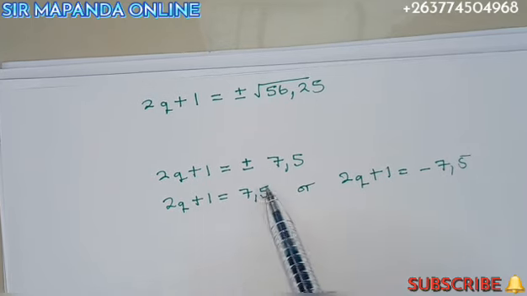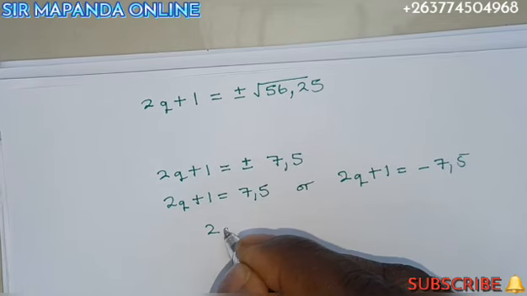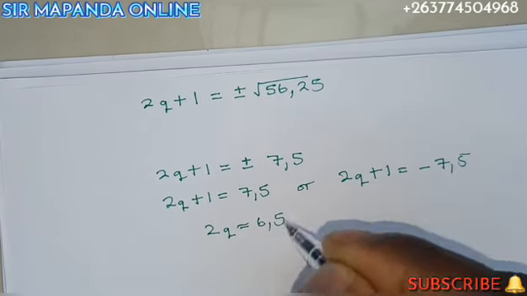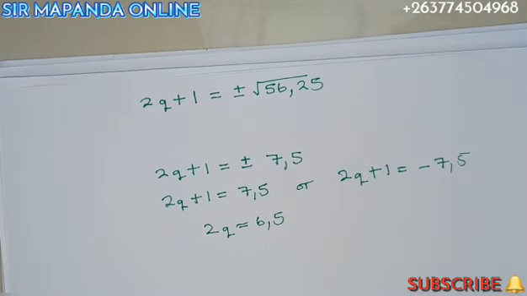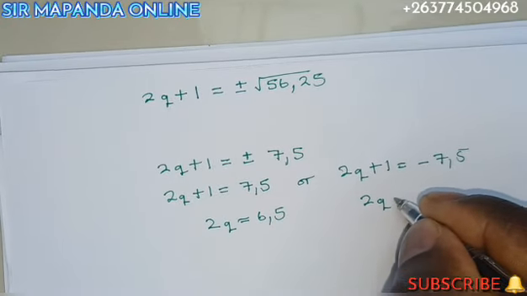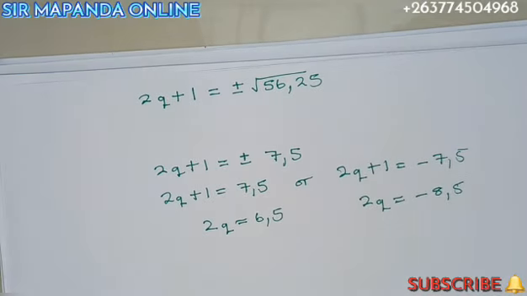So if you move 1 to the right, you get 7,5 minus 1, giving you 2Q is equal to 6,5. Then if you move 1 to the right, you get minus 7,5 minus 1, giving you 2Q is equal to minus 8,5.